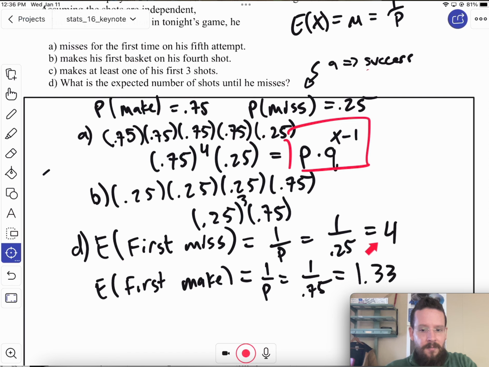The first make is a little bit less intuitive just because it's not a nice number. It's 0.75, but still, how many shots do I take until my first make? I'm going to take about 1 and a third shots until I get my first make. And that's the geometric series, because we're looking at how much until the thing I want to happen happens.